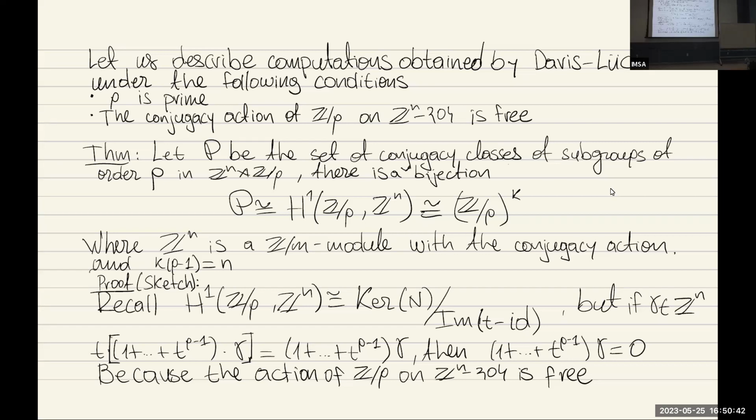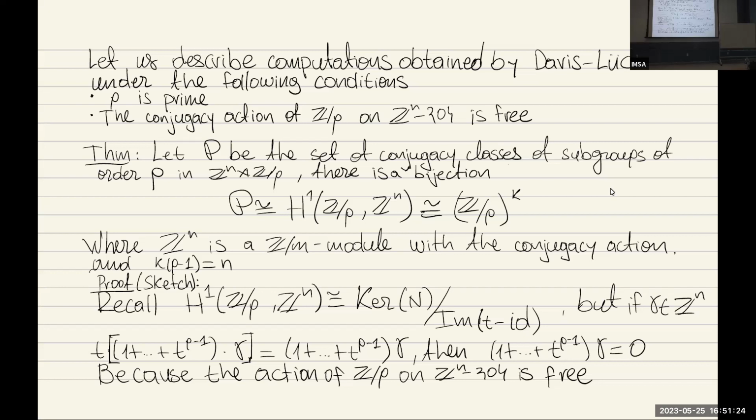Okay. How to prove that? It's not very difficult to prove that. Recall that the first cohomology group is the kernel of the norm map modulo the image of T minus the identity. T is one fixed generator of Z_p. Note that if we take an element in the image of the norm map and act by T, it is fixed by T. And because the action is free outside the origin, then we have that the norm map applied to gamma is 0.